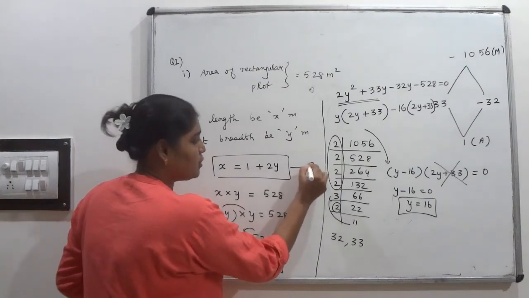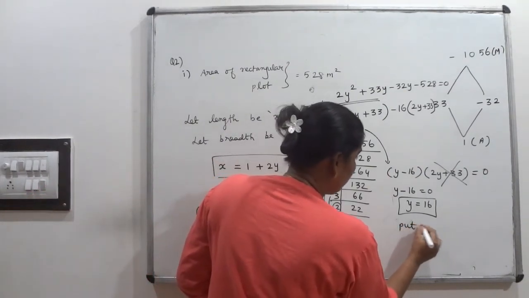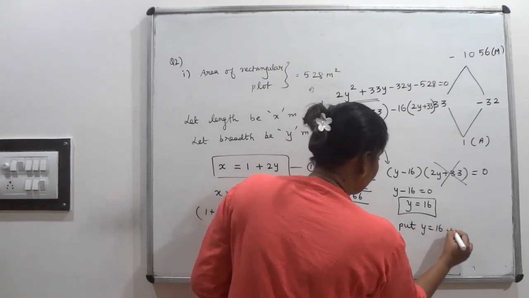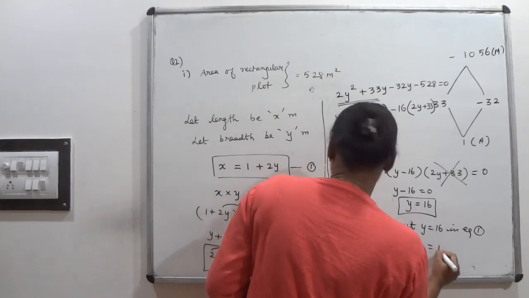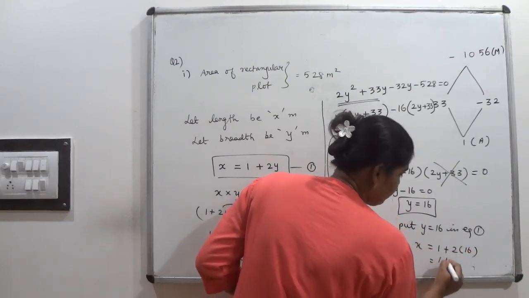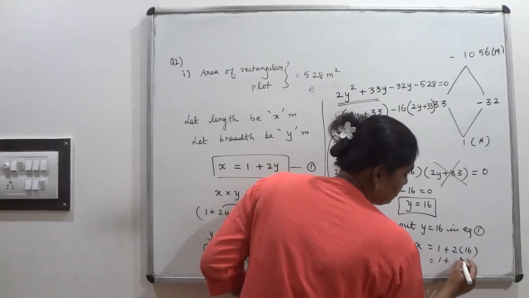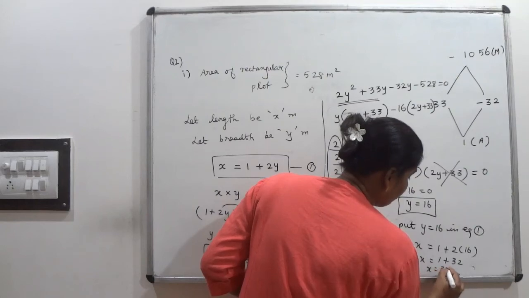I have marked this one as the first equation. Put y equal to 16 in equation number 1, so that you will get x is equal to 1 plus 2 into 16, that is 1 plus 32. So you will get x is equal to 33.